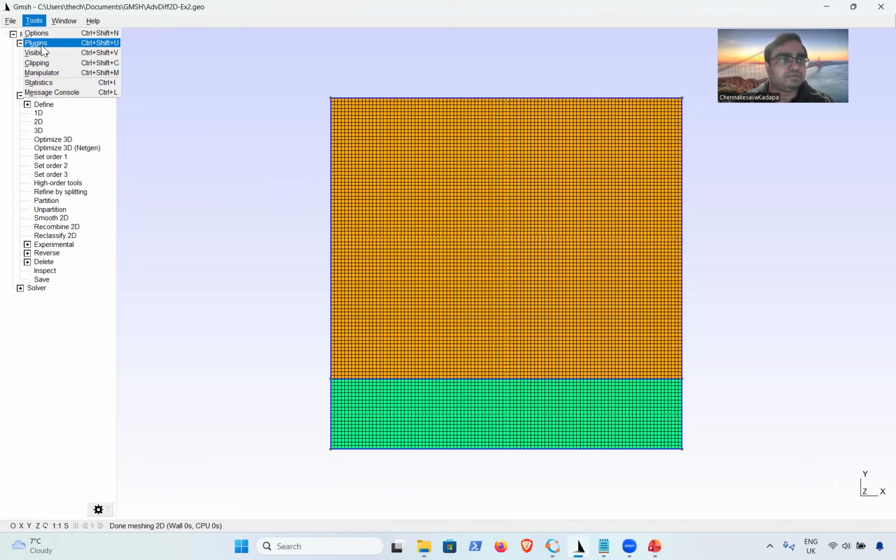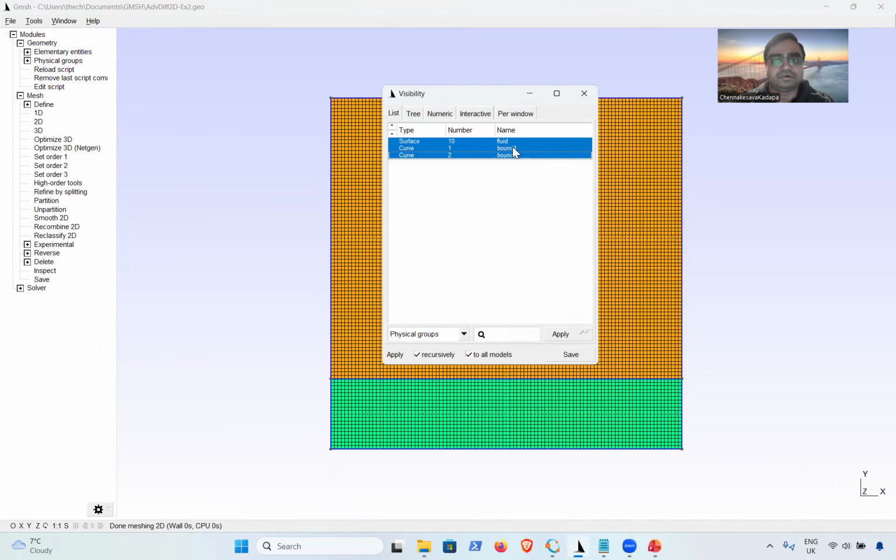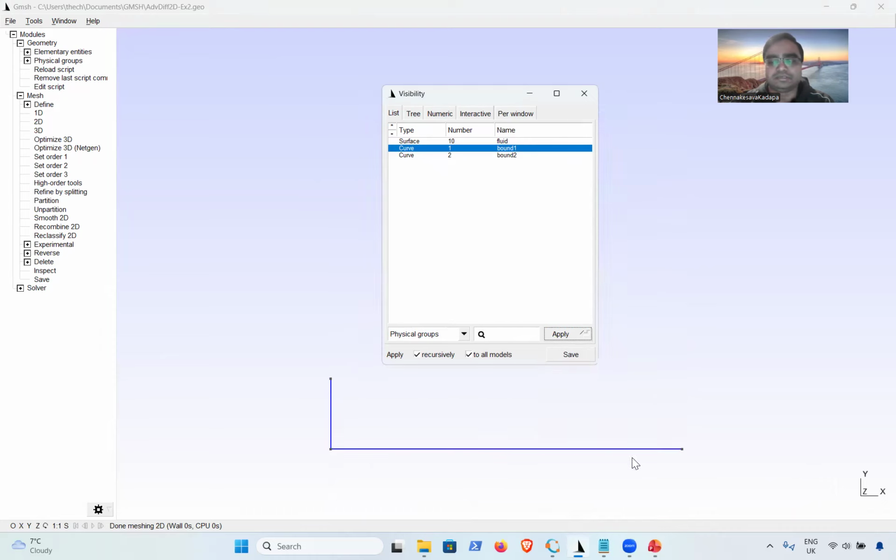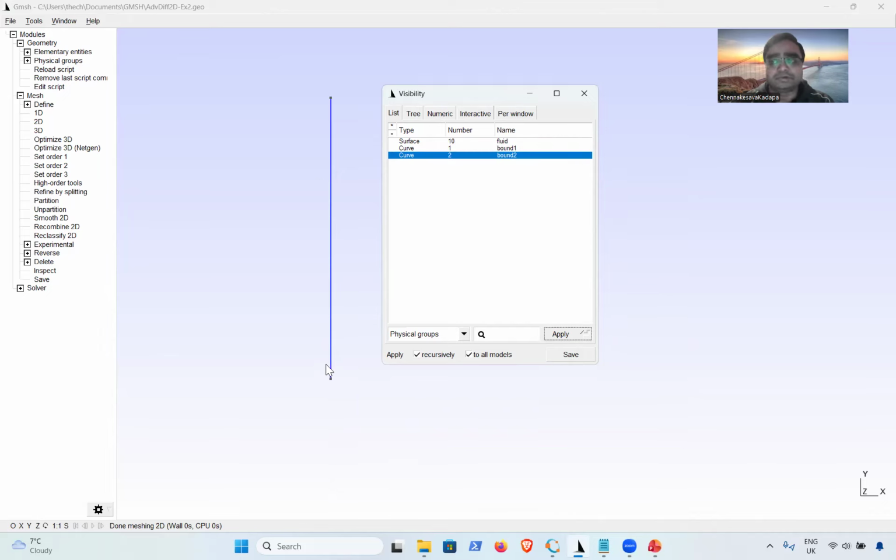I have boundary flags, bound 1 and bound 2. Boundary 1 is these two boundary edges, where we have a value of 0, and bound 2 is this boundary, where we specify a value of 1.